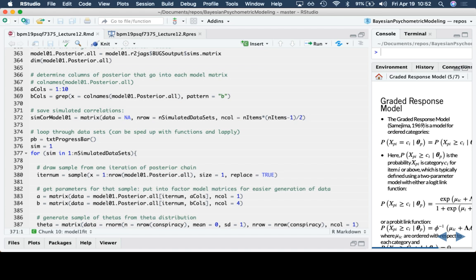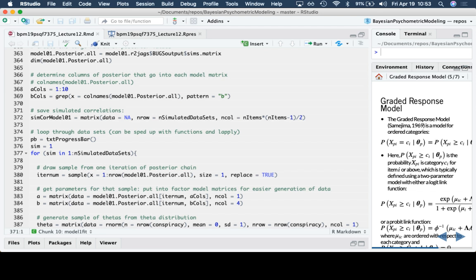So what we're going to do is use the same, are you used to this syntax by now? Posterior predictive model check. We sample, and we're going to save the correlation matrix. We're going to generate from our posterior a data set at every step, every draw will have a data set, and we'll summarize that with a correlation matrix and save all the correlations.